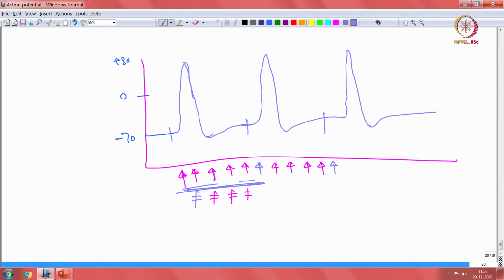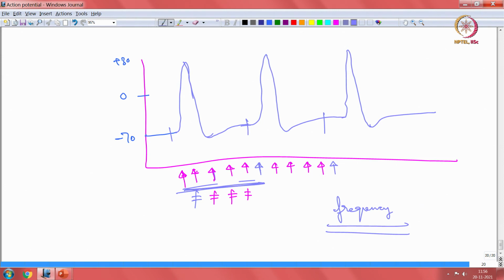What I would like to convey is that a particular membrane segment can give a particular frequency, and that frequency is in multiples.